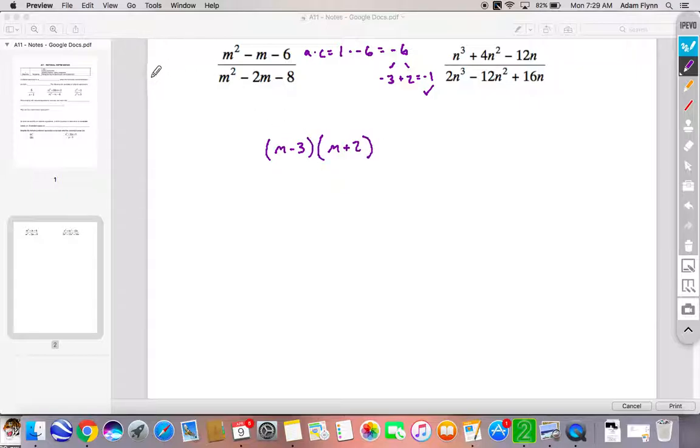And now I'll do AC down here. I know my A is 1, and my C is negative 8. So A times C is negative 8. I'm looking for factors of negative 8 that add up to negative 2. I know negative 4 and 2 are going to be my factors.